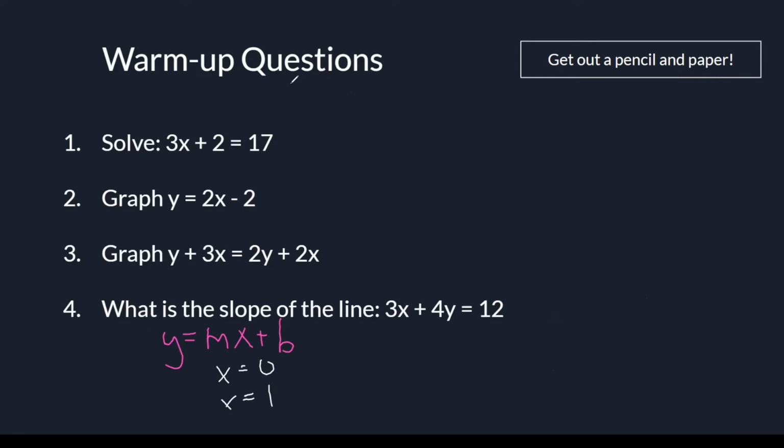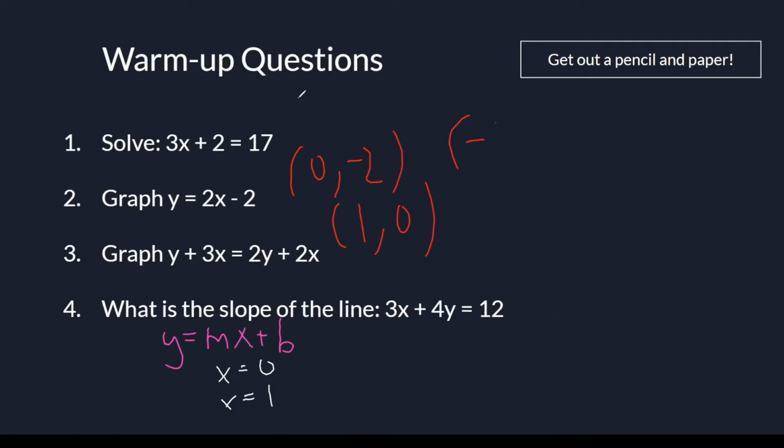So it'll pass through the point 0, negative 2, right? When x is 1, you can just plug in 1. You will have y equals 2 times 1 minus 2, which is just 0. So then you have 1 comma 0. You can also plug in when x equals negative 1. You'll have y equals negative 2 minus 2.